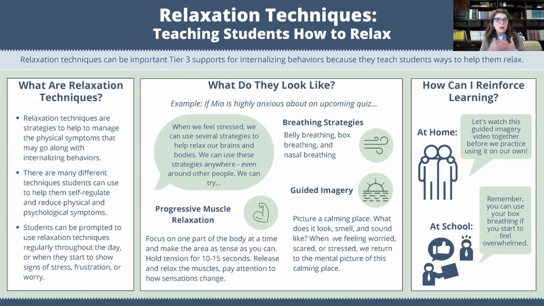We can teach them breathing strategies. Some of you might have used this, where you're teaching kids how to do things like belly breathing or box breathing or nasal breathing. We can even teach kids how to walk through guided imagery and even do things like progressive muscle relaxation. Those are strategies that we can teach kids so that if they learn what their body's feeling like when they're anxious, they can employ those strategies.